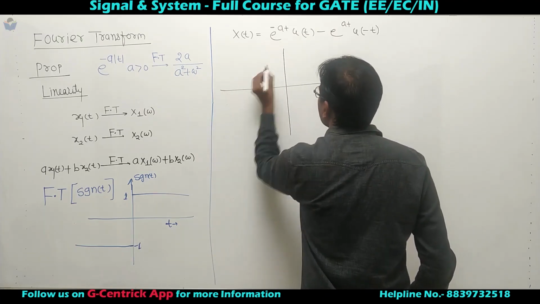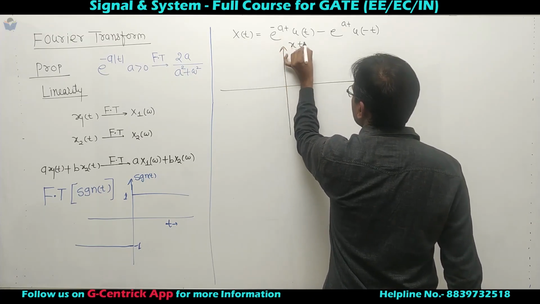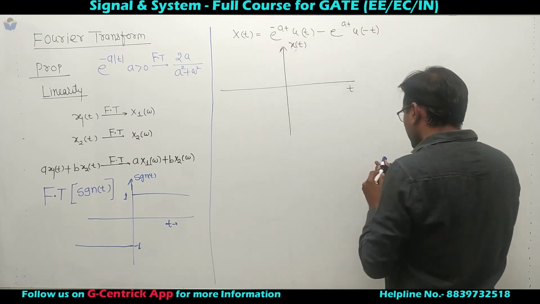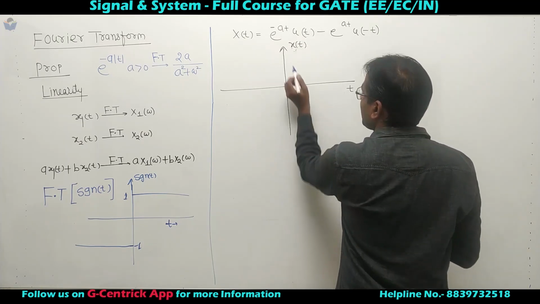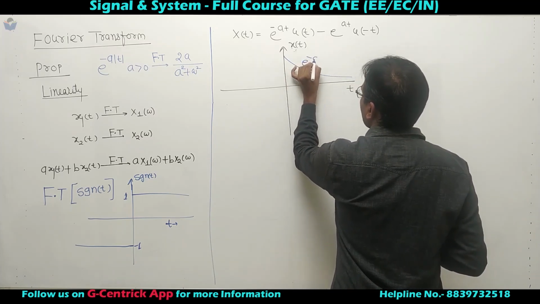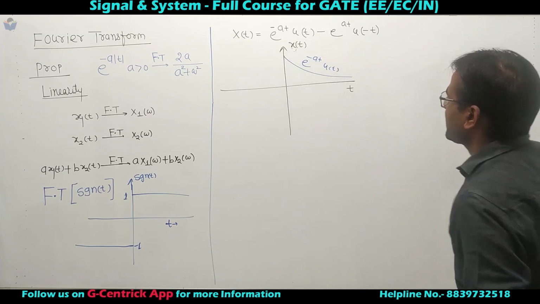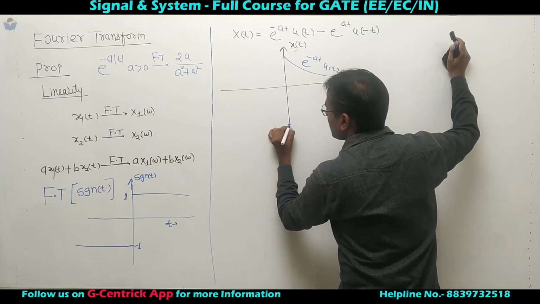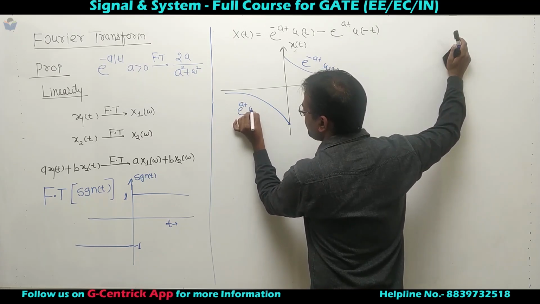This is my x of t. And this is t. For t greater than 0, the first function will exist, so the function will look like this. This is e to the power minus at into u of t. And for t less than 0, this function exists. And at t equal to 0, it's minus 1. So this is the function e to the power at into u of minus t.